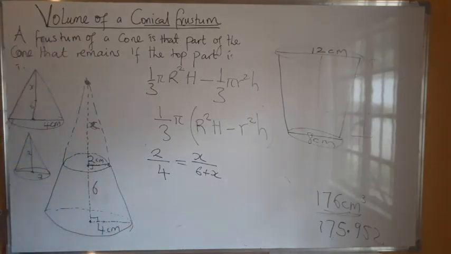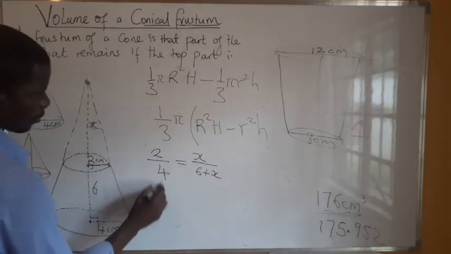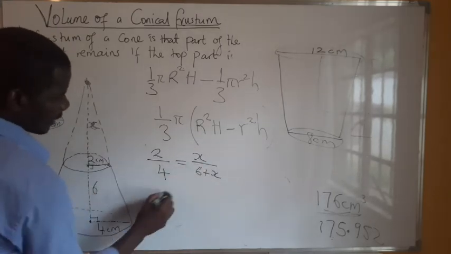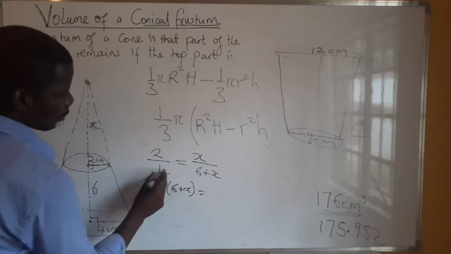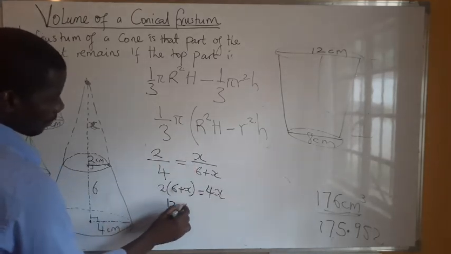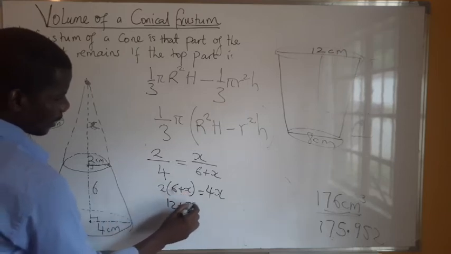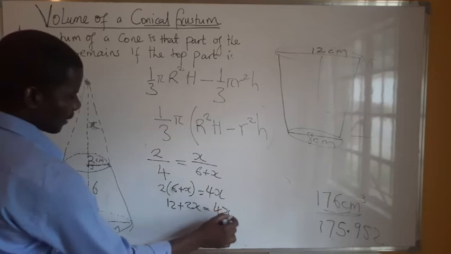Alright? Then we solve this now as an equation. How do we solve? We need to cross multiply. So we're going to have this 2 multiplied by 6 plus x is equal to, when you multiply this, you get 4x. So we're going to have 12 plus 2x is equal to 4x.